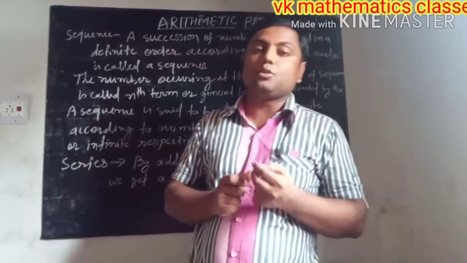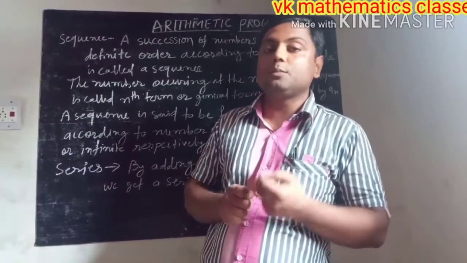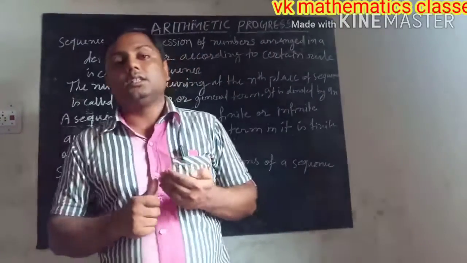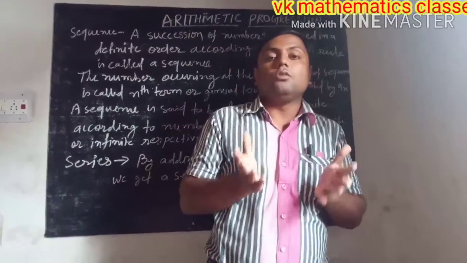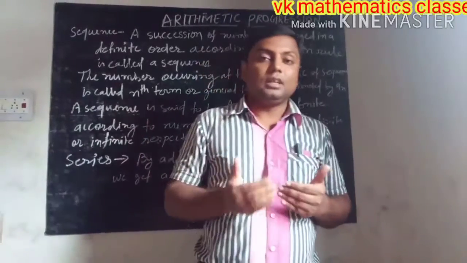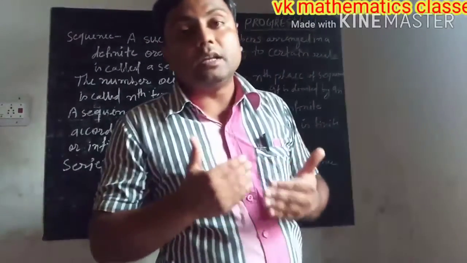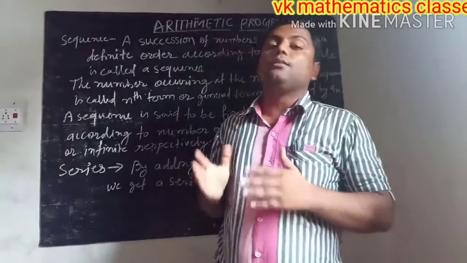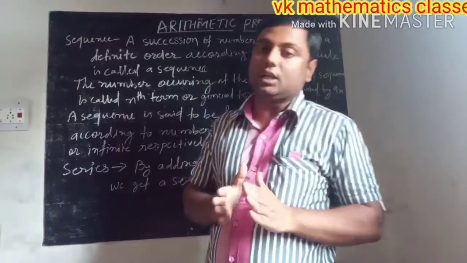First, arithmetic progression. Second, geometric progression. And third, harmonic progression. In class 10th, we only read about arithmetic progression. In class 11th, we read arithmetic progression and geometric progression. So we first discuss arithmetic progression.